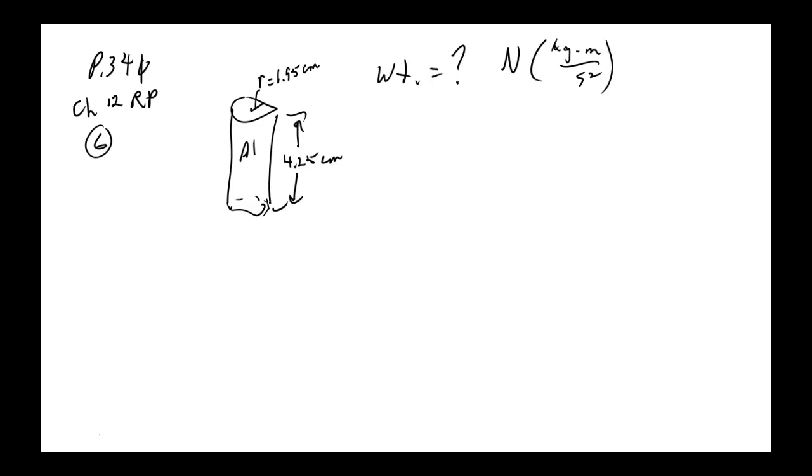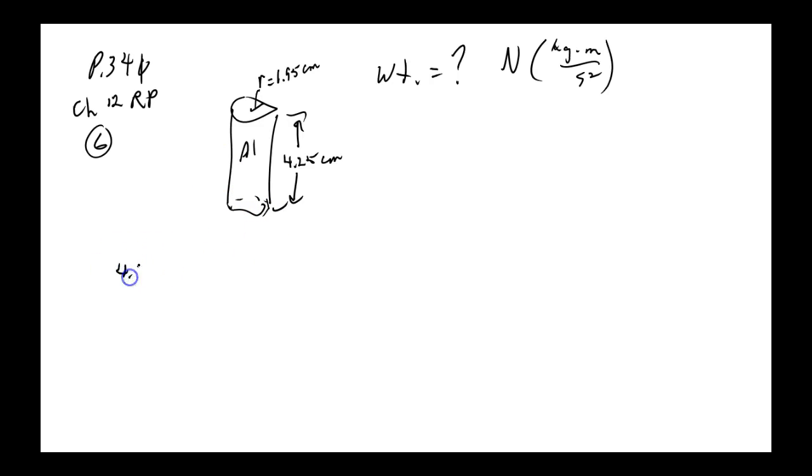The only table we have in this chapter, back on page 330. Weight density and mass density. The mass density is 2,700 kilograms per cubic meter. So since we're going to be in those units, let's go on and get these into meters. Now they're going to be incredibly small numbers, but let's get them.